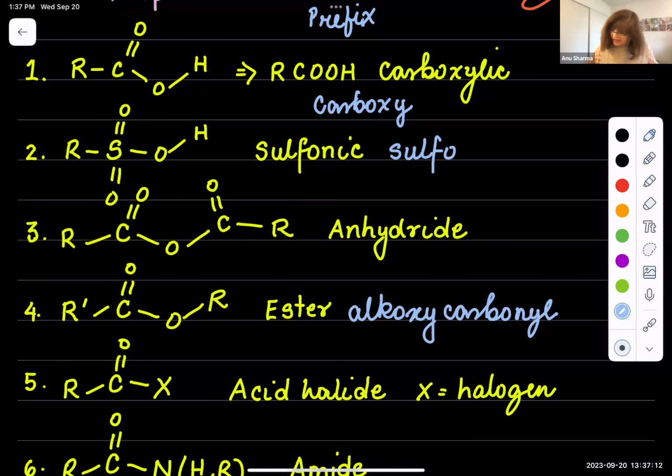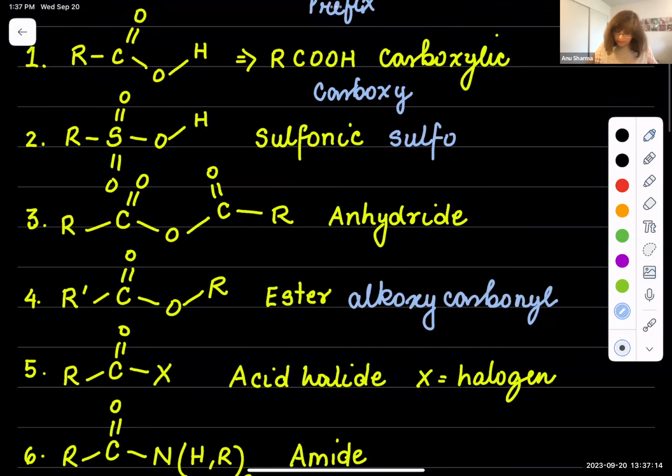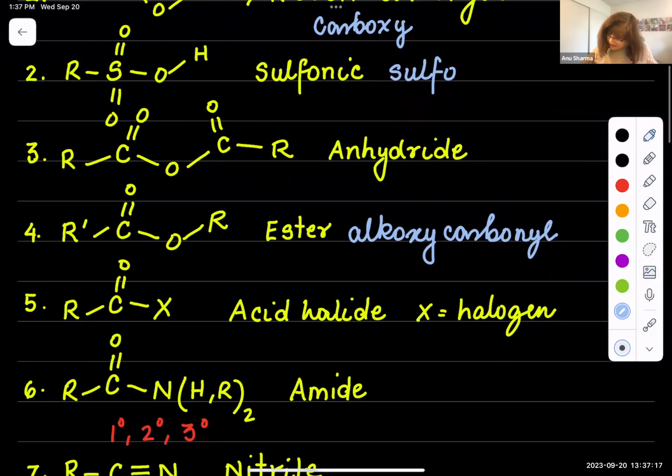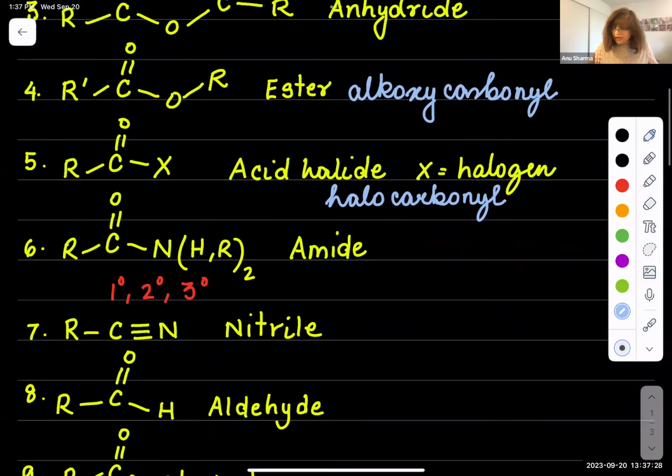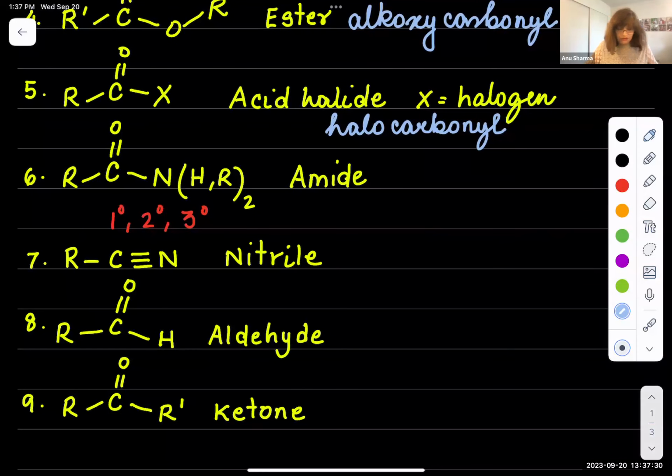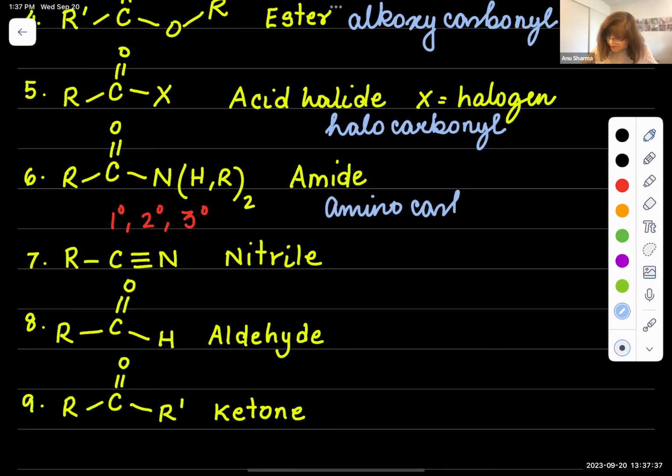Next, the acid halide becomes halocarbonyl. Halo means chlorine, bromine, iodine, so it's bromocarbonyl and so forth. Amide becomes aminocarbonyl.